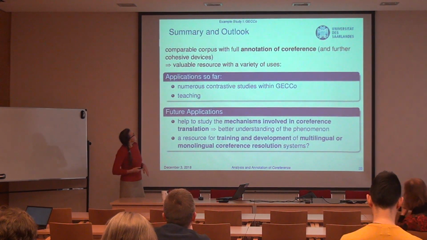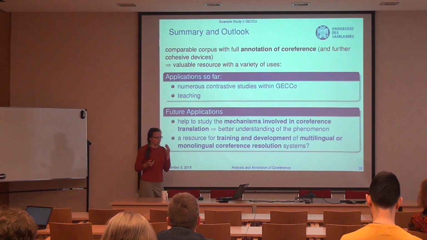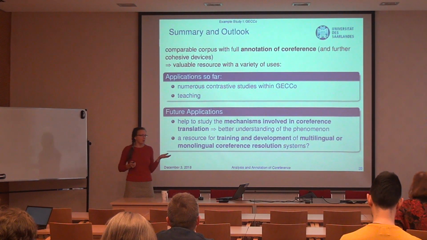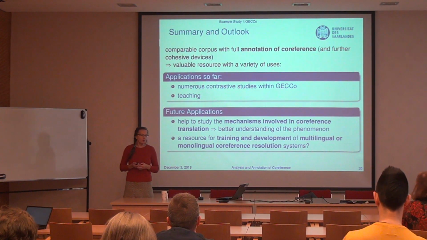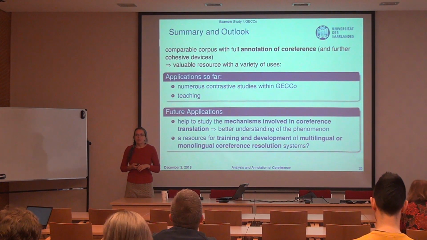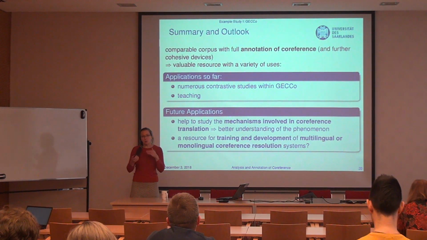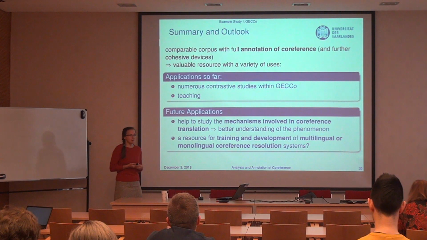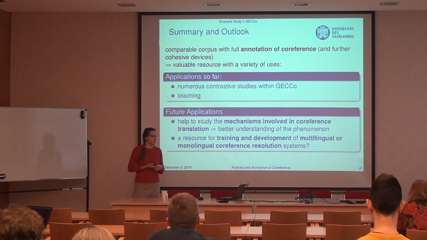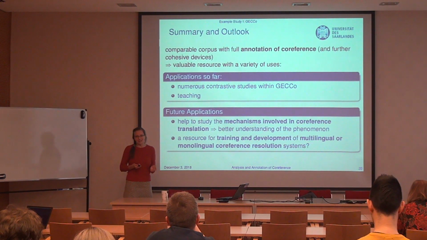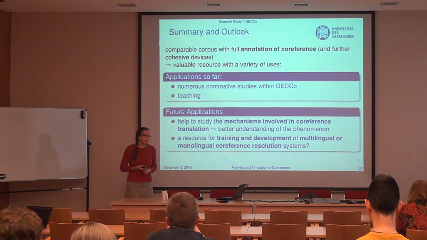And summarizing this project, I would like to say that we worked with a comparable corpus with annotation of full coreference chains and also other cohesive devices, which is a good resource for a variety of users. Applications so far were mainly in the project Gecko and for teaching.